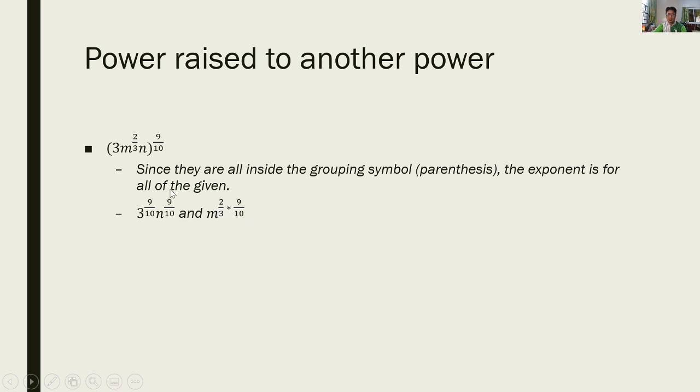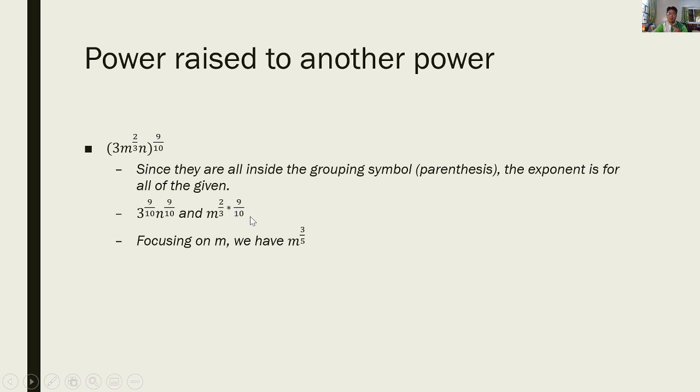Lowest term na, we check it pa-cross. 2 at saka 10 divisible by 2, so we have here now 1, 5. 3 at saka 9 divisible by 3, 1 at saka po 3. So we have here now 3 over 5 ang magiging sagot kasi 1 times 3 is 3, 1 times 5 is 5. Focusing on m, we have here now m raised to 3/5.